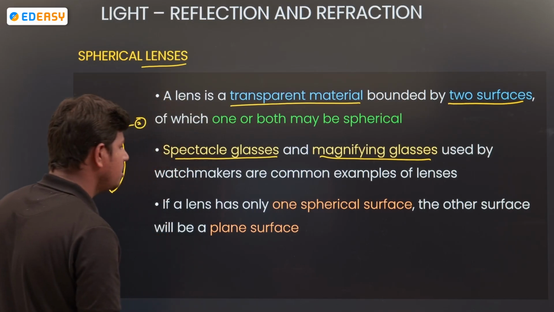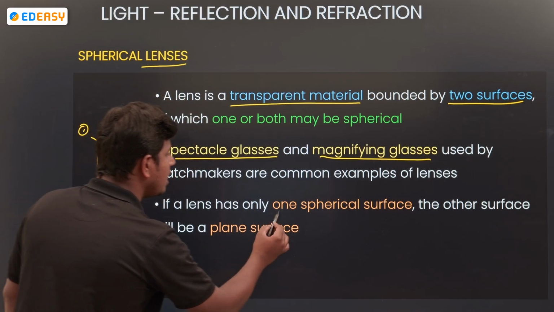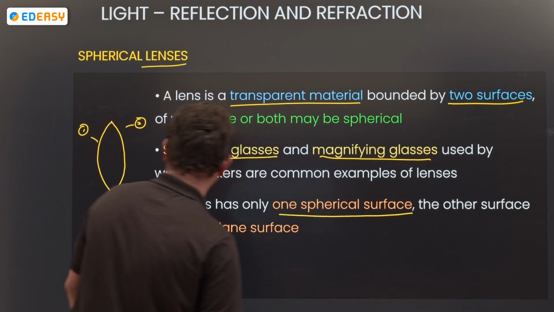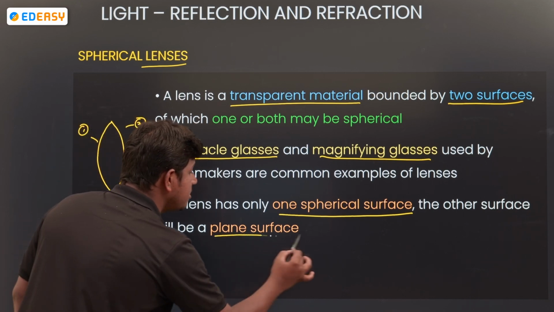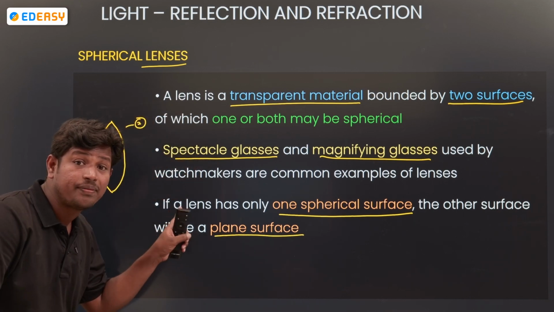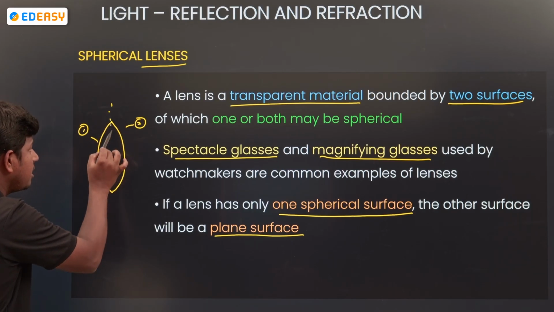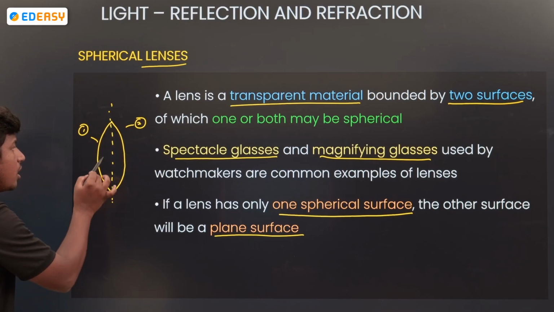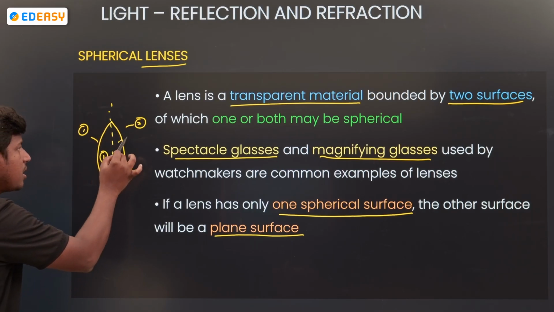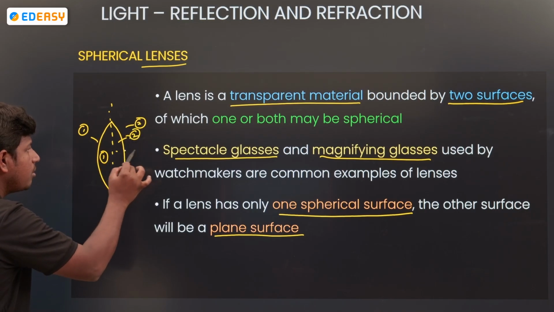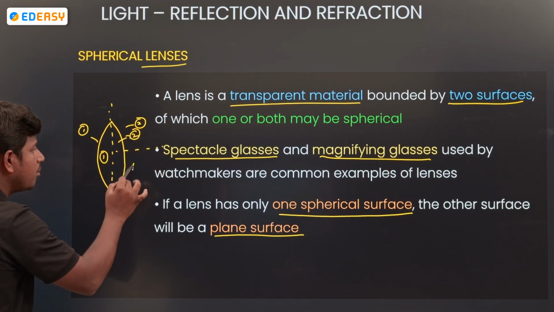Next, if a lens has only one spherical surface, the other surface will be a plane surface. Remember the point. One curved surface: if I take it into two parts and remove the second part, then what remains is all plane only.